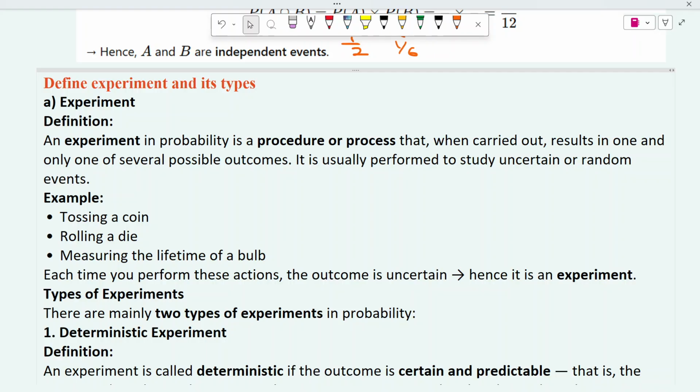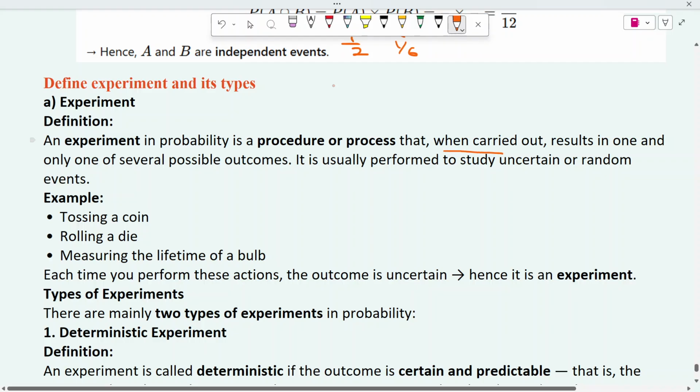So an experiment is nothing but, in probability, a process or procedure that when carried out gives results in one or several possible ways, which we call outcomes.